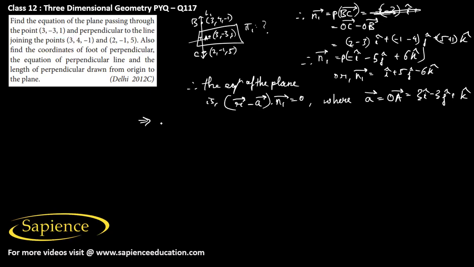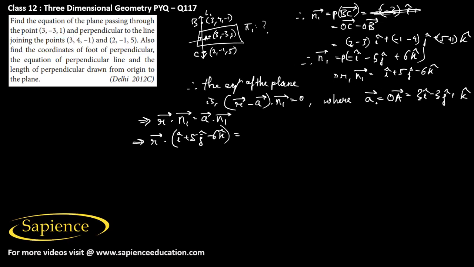So therefore this equation we can write as r vector dot n1 vector equals a dot n1 vector. So it will be r vector dot (i cap + 5 j cap - 6 k cap) equal to a dot n1.